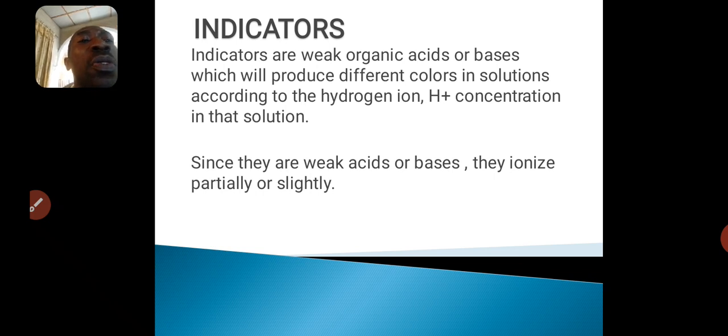As you all know, litmus paper. When you put litmus paper in an acidic solution, it turns from blue to red. And if you put that same litmus paper in a basic solution, it turns from red to blue. So indicators will change color depending on the medium where you put them.